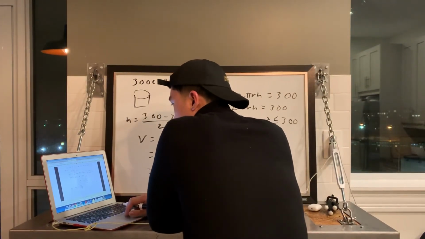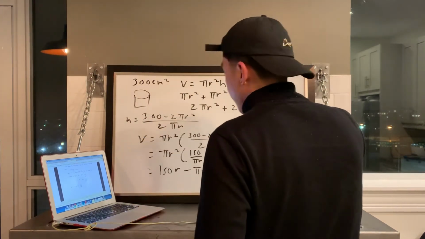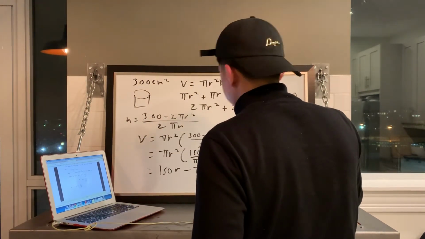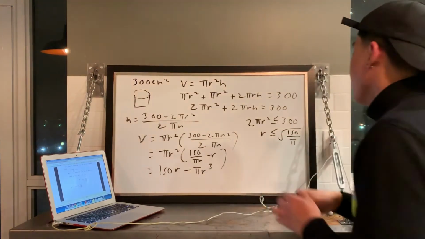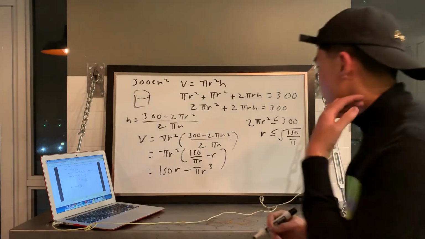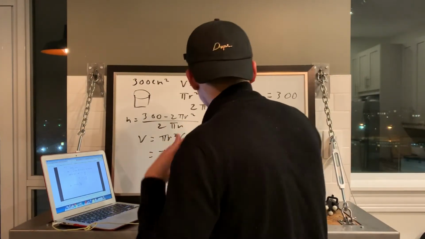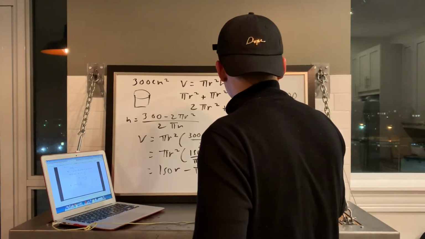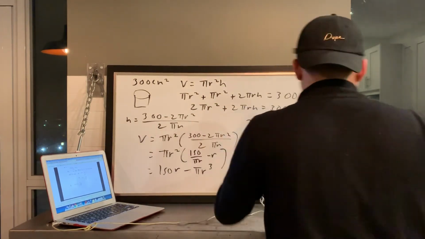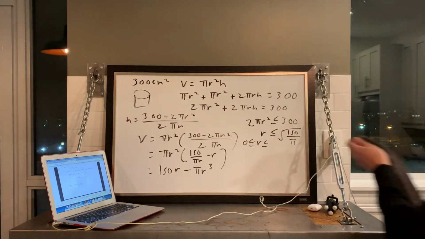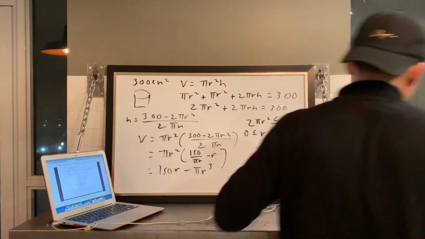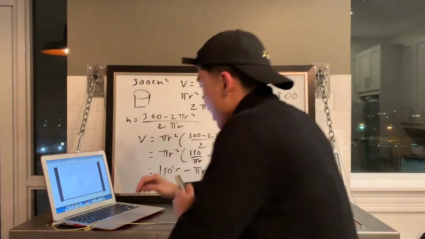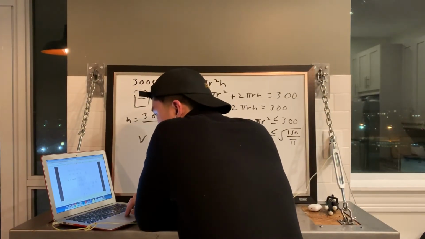So we're trying to find the bounds for r. So r must be less than or equal to the square root of 150 over pi, essentially, if you divide both sides by 2 and then square root both sides. So really, your range is between 0 and this value. Let me just write that right there.